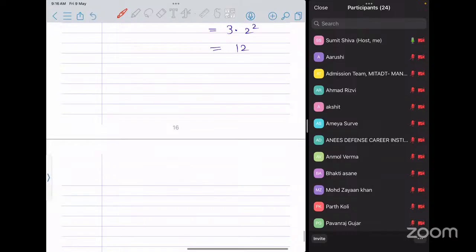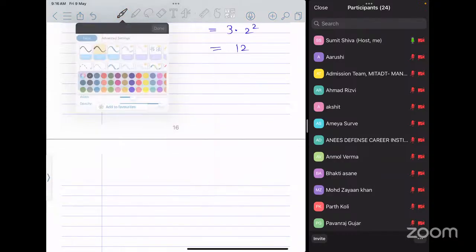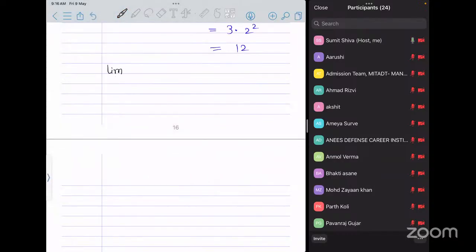Let's say I have, let me write it in fraction form. I want to have a fraction.